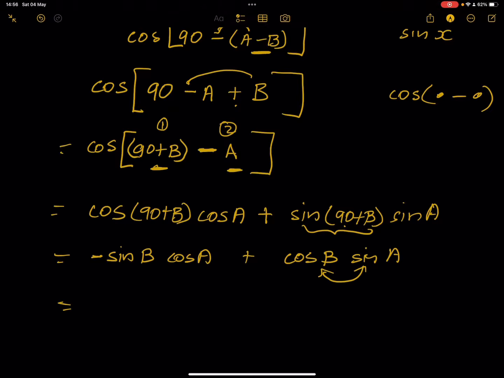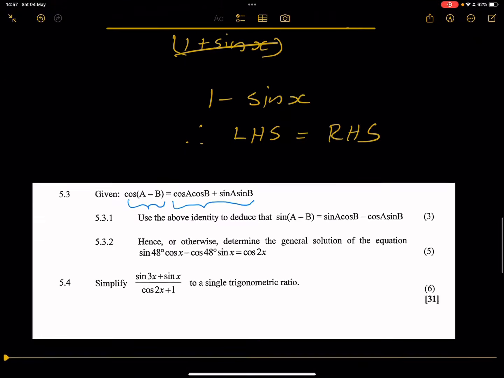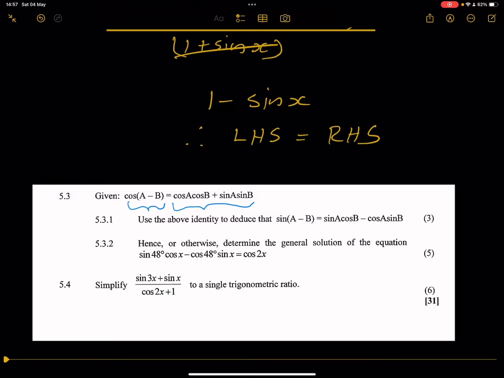So this is going to be sine of A cos B. I'm starting with this one because it's positive, right? Minus, again, I'm going to just swap these around. So that's going to be minus cos A sine of B. And we have proven exactly what they have asked us to prove.